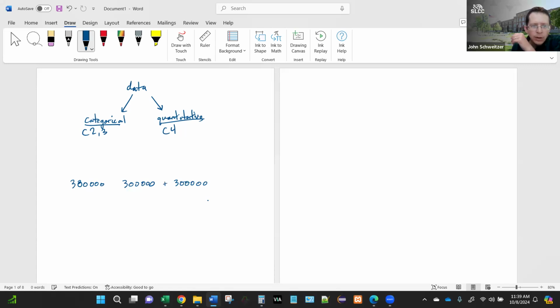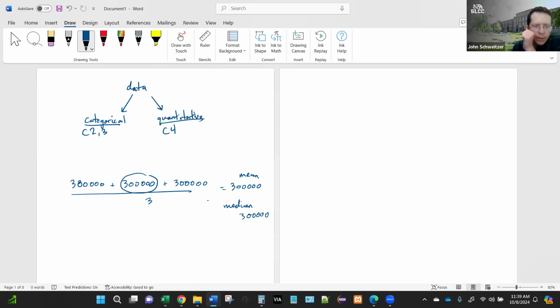Okay, so obviously the average for that neighborhood, the mean, would be 300,000. What about the median? Well, it would be the same thing, right? It would just be that number in the middle. So the median would be 300,000. Okay, so the mean and the median are the same sometimes.